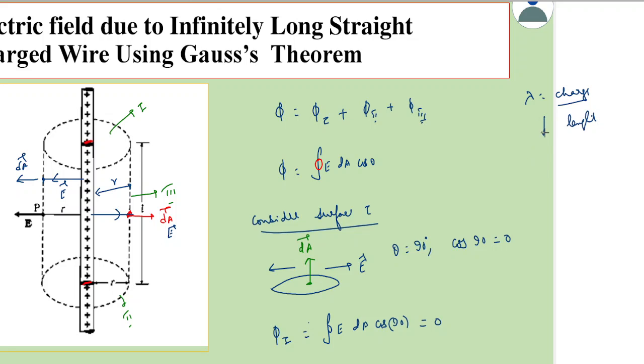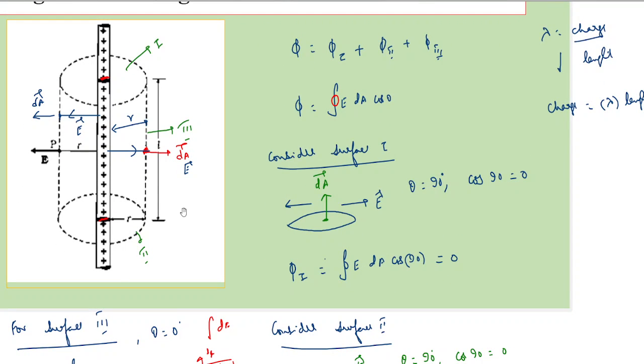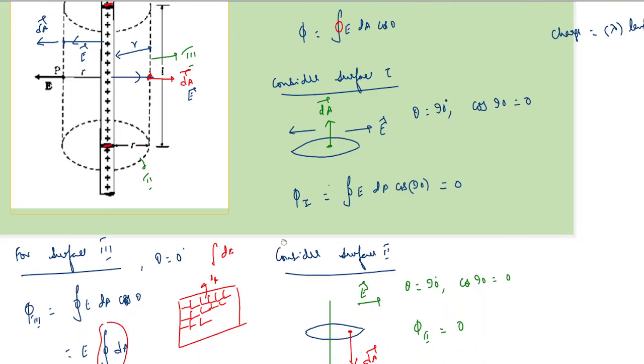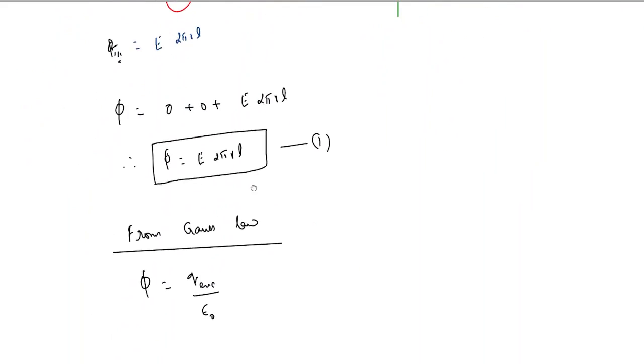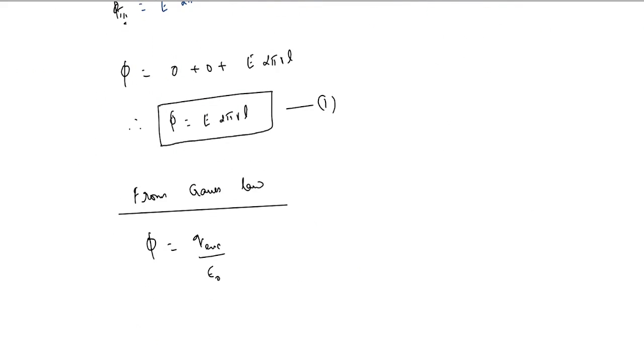The length would be the length of the cylinder itself, because we are finding the charge in the Gaussian surface which is contained in the cylinder of length L. Therefore, the flux would be equal to lambda L by epsilon naught. We call it 2.